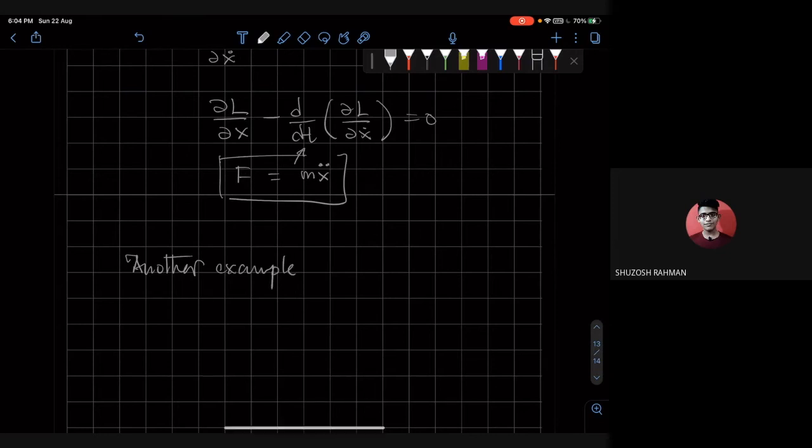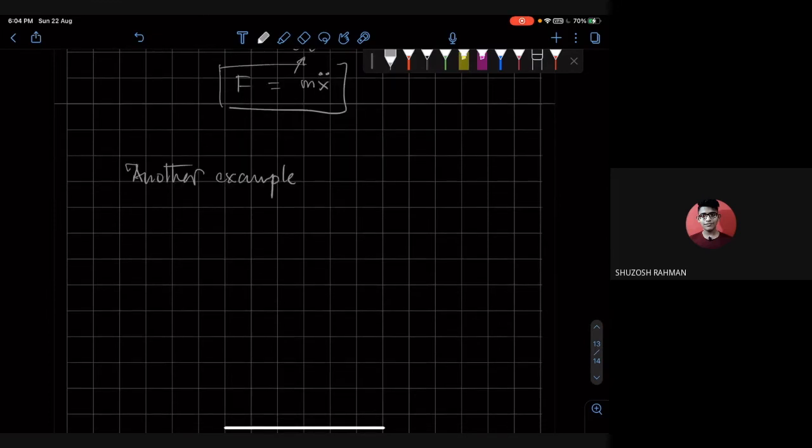And this is the simple pendulum. So what is a simple pendulum? We have some ceiling or something, and we have a light rope, and we have a bob.